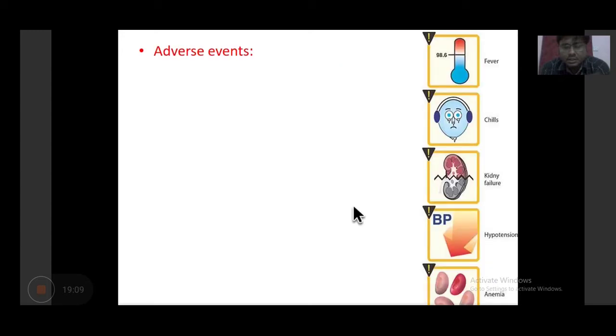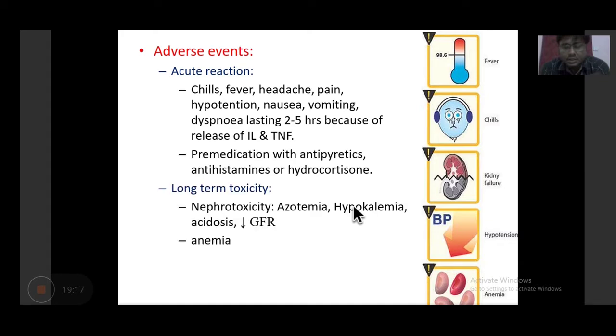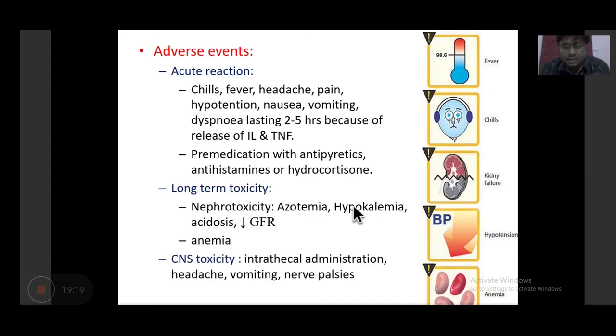So the adverse events of amphotericin are very, very important to remember. There is one acute reaction and one long-term toxicity. So the acute reaction with parenteral amphotericin, mostly when we give this: chills, fever, headache, pain, hypotension, nausea, vomiting, dyspnea can happen.